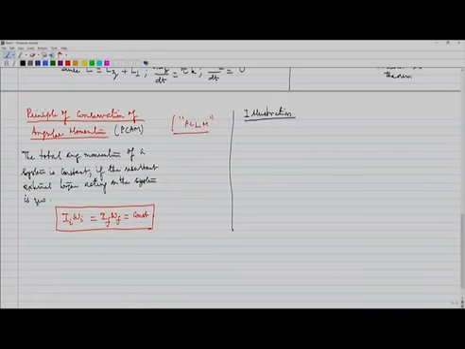Now, say the situation is like this. I have a cylinder. This is the axis of the cylinder.